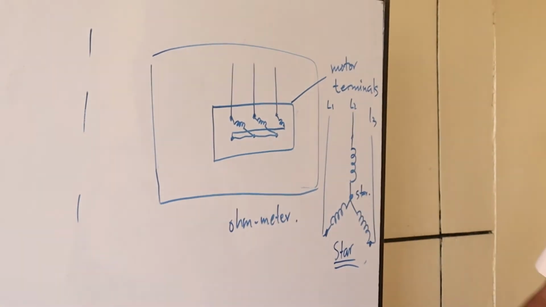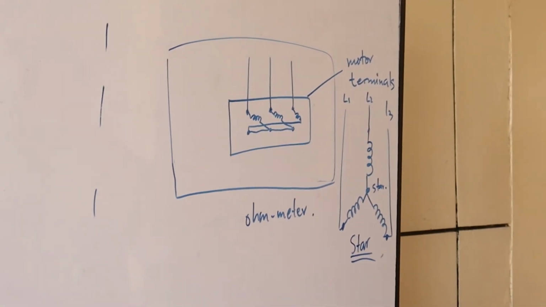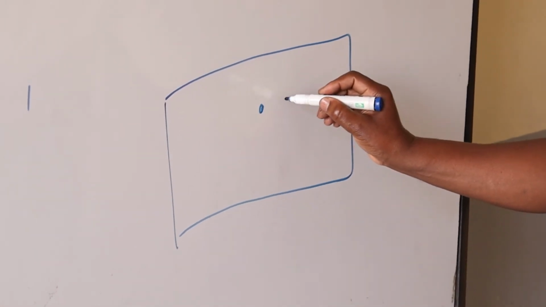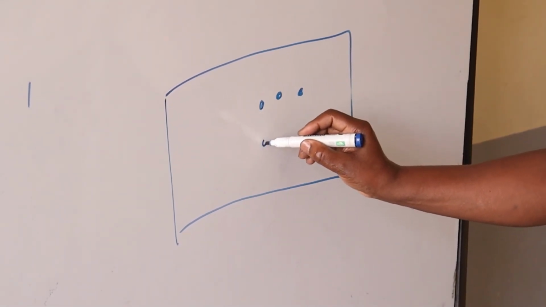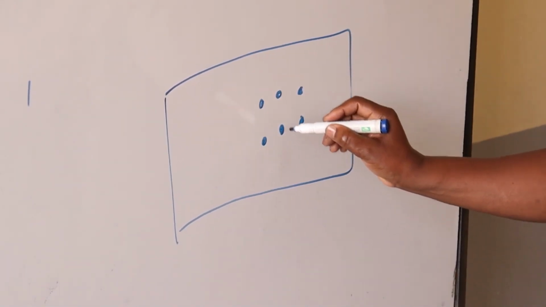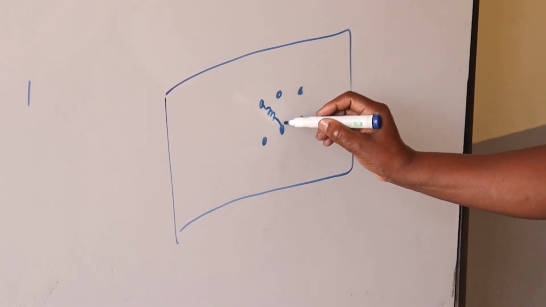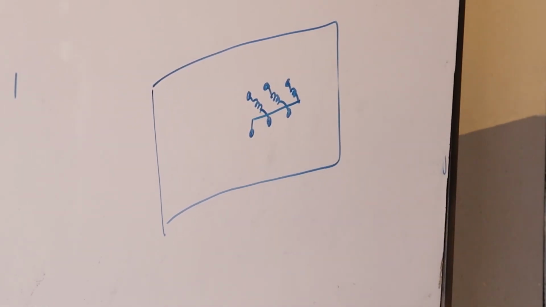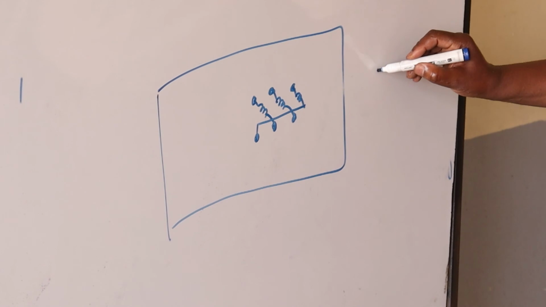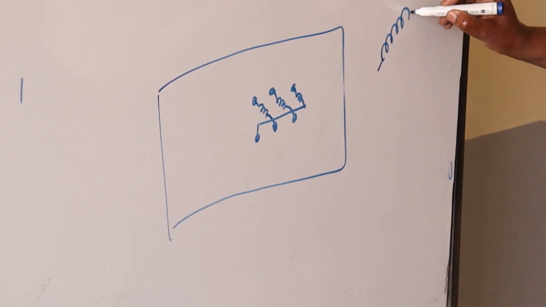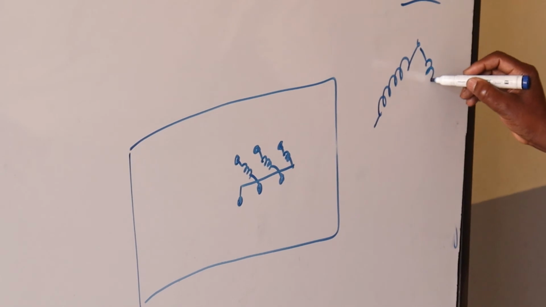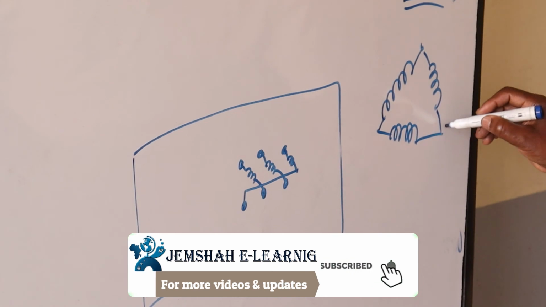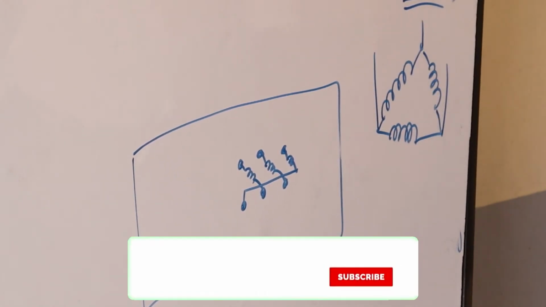Now if I want to connect them in delta, the story will be slightly different. All right. Now, for a delta connection, it will be something like that.